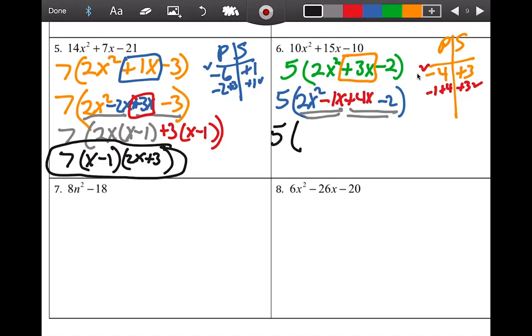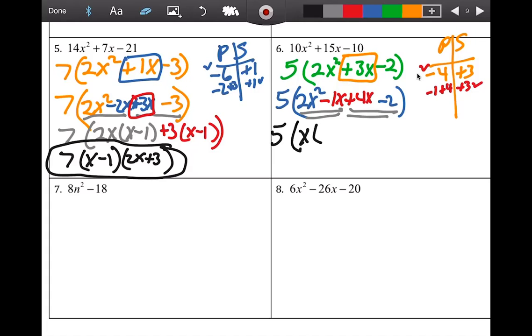Jordan, what is my GCF for these 2 terms in group number 1? 1 for the numbers. What about for the variable? 1x. Sure. I'm just going to write x. I'm going to use the invisible math for the 1. Okay, so I'm going to divide them both by 1x.